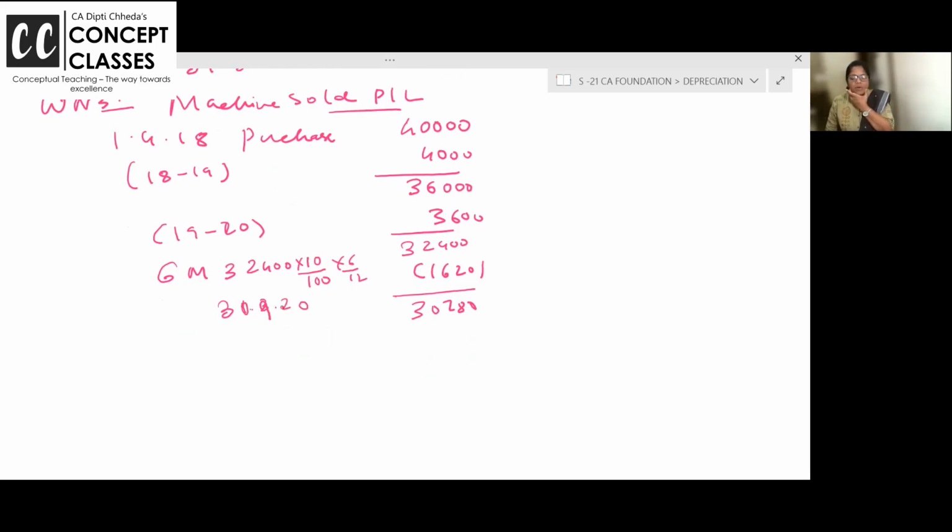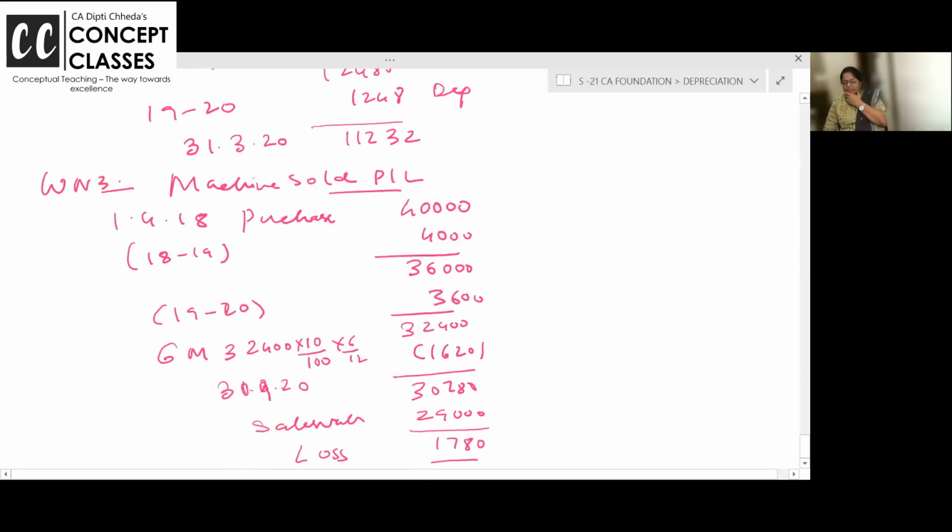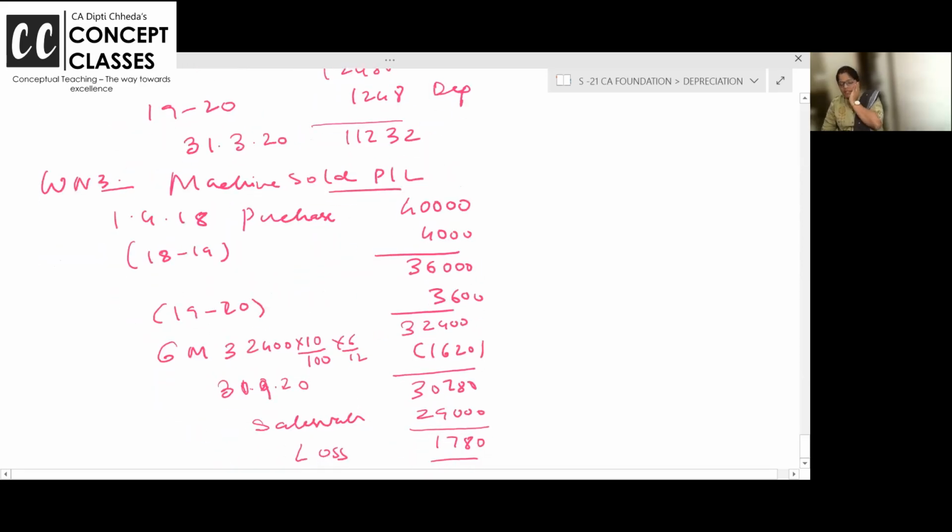Now you have sold it for how much? Sale value is given 29,000. So there's a loss. 1,780 is the loss. Are you all getting?